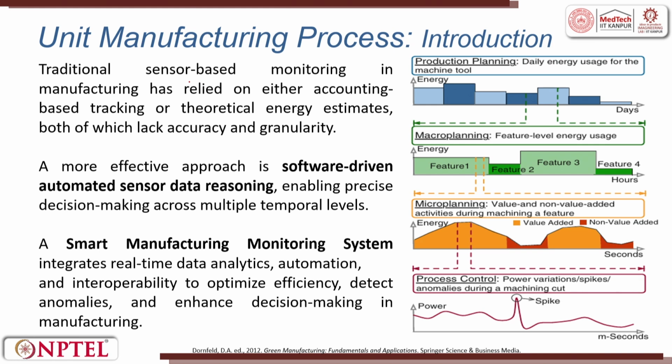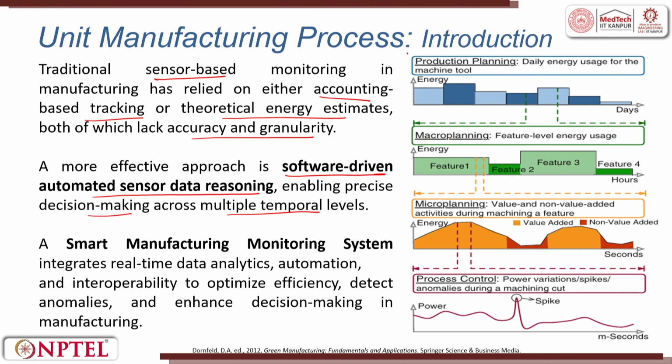Traditional manufacturing monitoring has relied on accounting-based tracking and theoretical energy estimates, both of which lack accuracy and granularity. So nowadays, software-driven automated sensor data reasoning is available, which enables precise decision-making across multiple temporal levels.